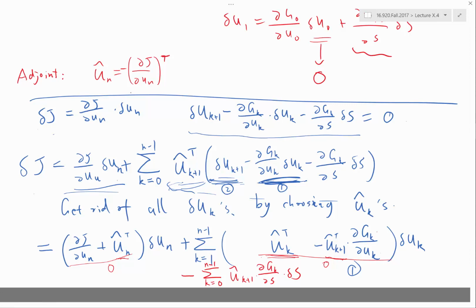And then I have û_k equal to partial g_k partial u_k transpose of û_{k+1}. So this has to be going from k = N-1, N-2, etc. all the way to 1.